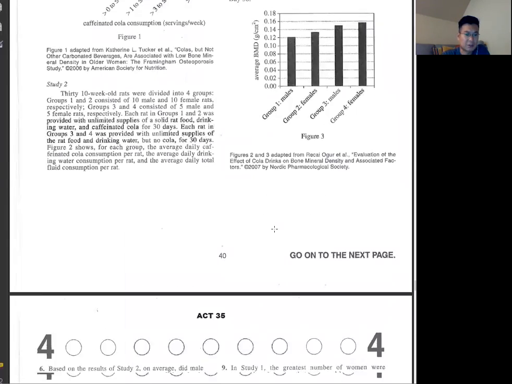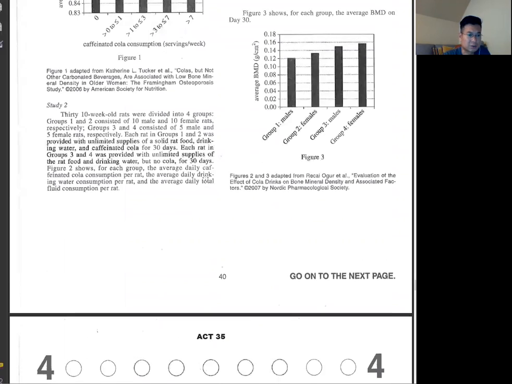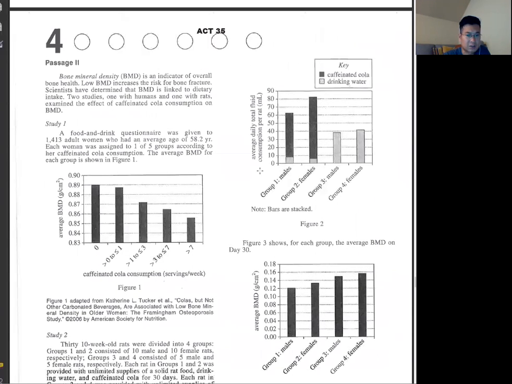Same thing, we go straight to the question. It says, based on the results of study 2, did male rats or female rats consume more caffeinated cola per day? So let's go to study 2, and the result that you see, which is figure 2. The key is caffeinated cola is the dark one, and drinking water is the lighter one.